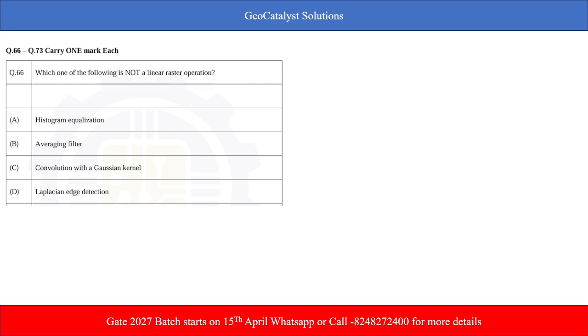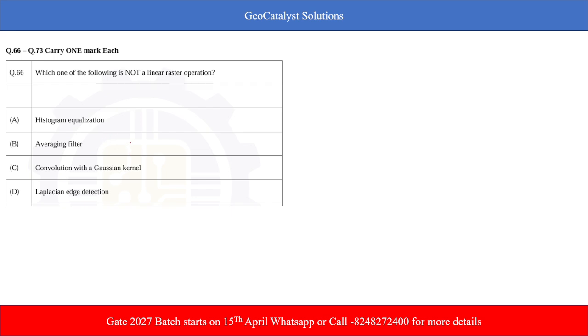So the first question was: which one of the following is not a linear raster operation? In this there are four options. First is histogram equalization, then averaging filter, convolution with a Gaussian kernel, Laplacian edge detection.